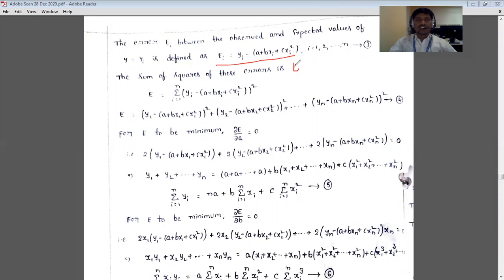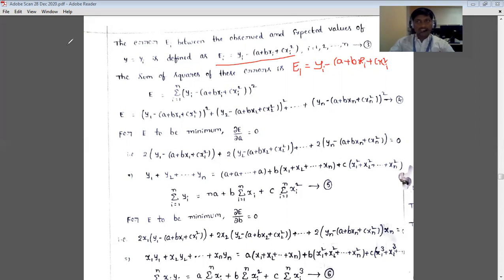So ei is equal to yi minus of a plus bxi plus cxi square. This one we are defining as error. Our intention here is fitting a second degree polynomial, or fitting a parabola.